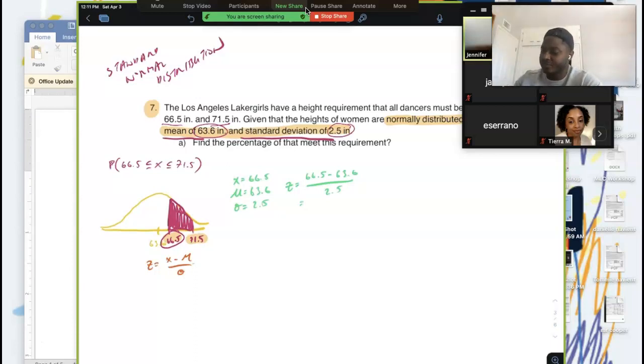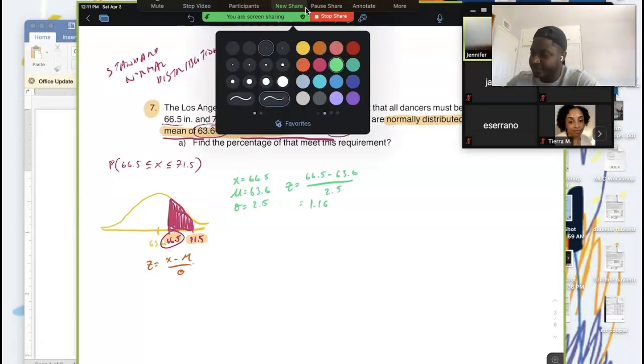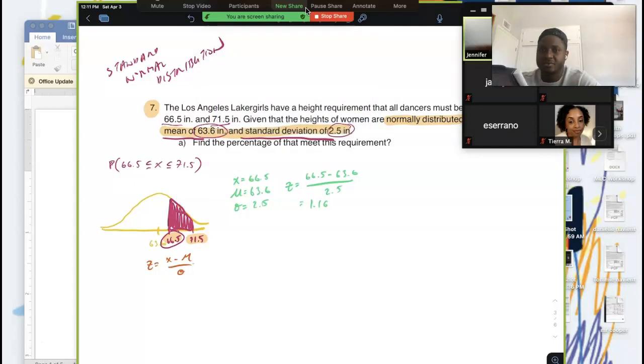And that will give me 1.16. Is everybody cool with that? Yeah. All right. Then we do the same for the other value. No, we're good.